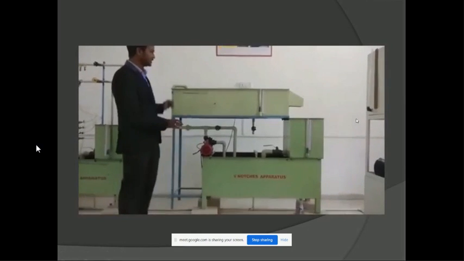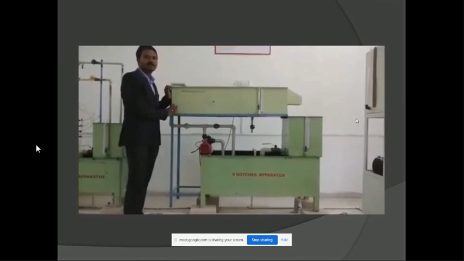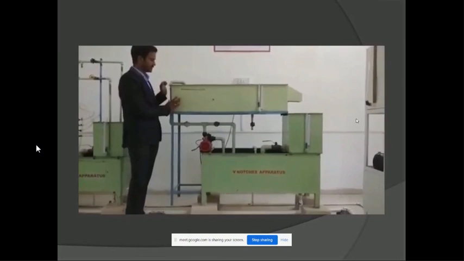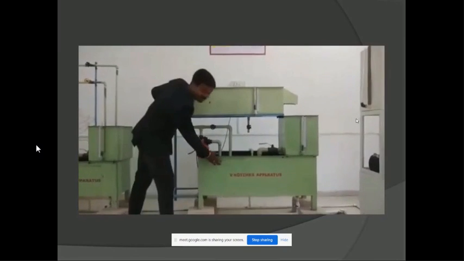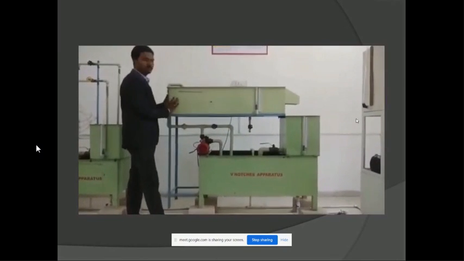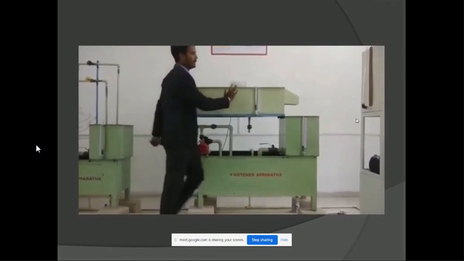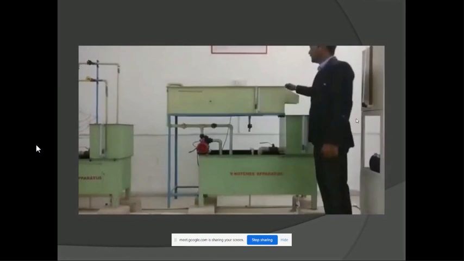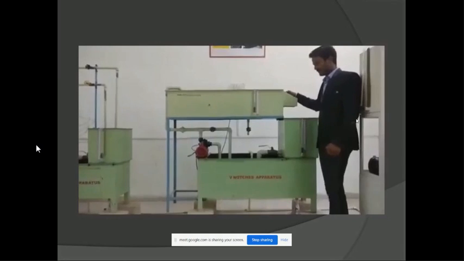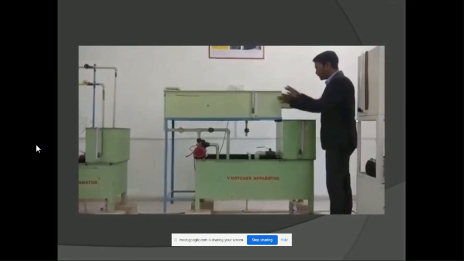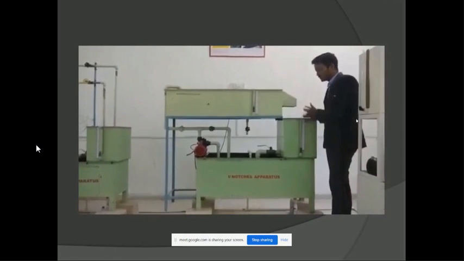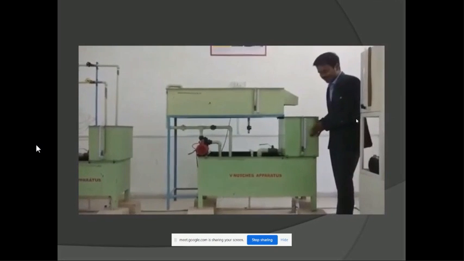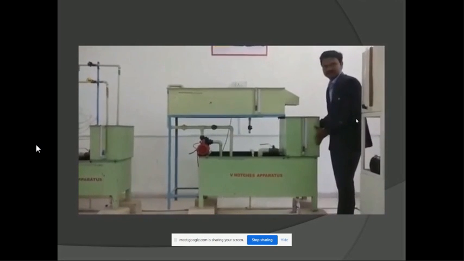This is the experimental setup which will be used in this experiment. This is the motor. This is the water reservoir. This is the open channel. At the end of this channel, there is a V notch. This is the water tank into which water will flow from the V notch.